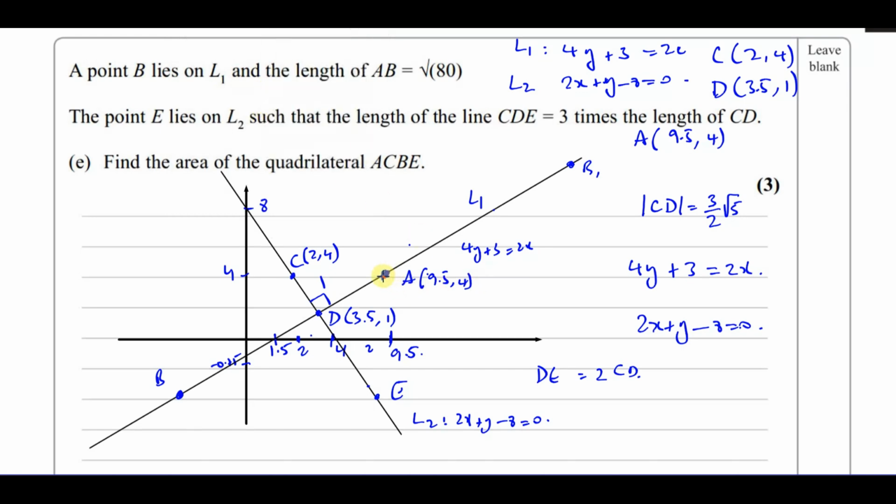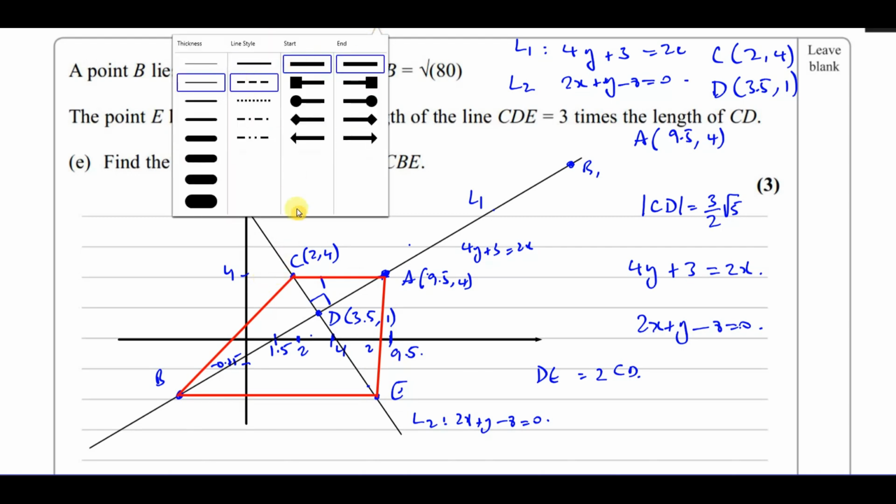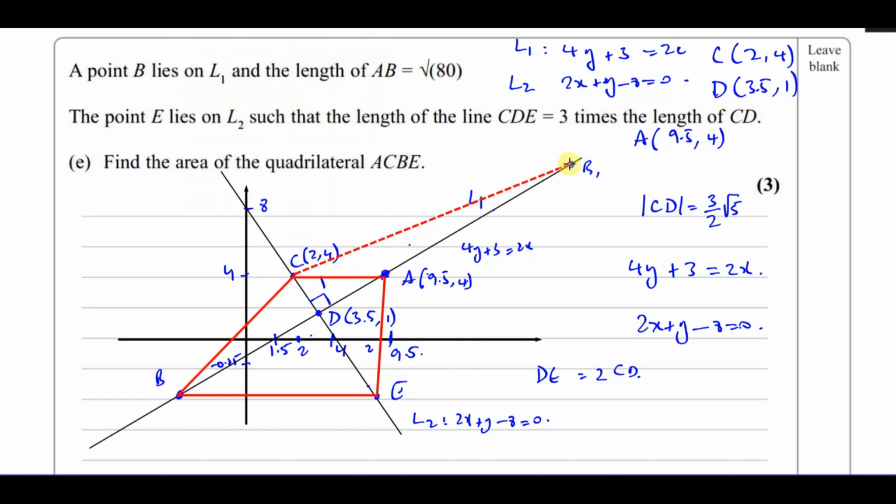So we have A, C, B, E, could be that quadrilateral, or we could think of it, I'll put this in like a dotted line, as A, C, and B, and E. It could be either this quadrilateral or that quadrilateral.